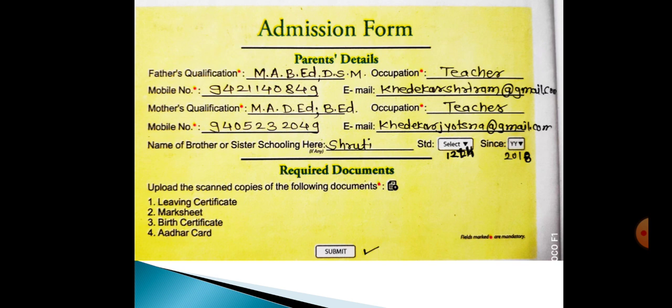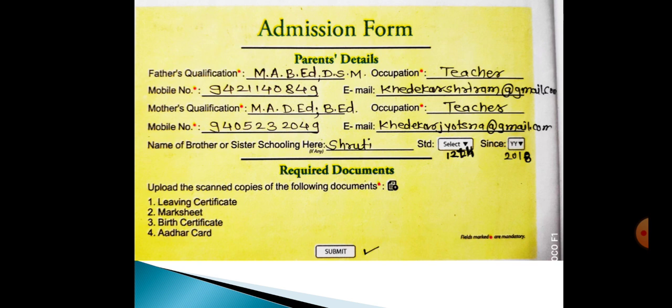But remember that when you are going to fill an online form, carefully fill in all information in that form, because if you click the submit button, then you can't change it.